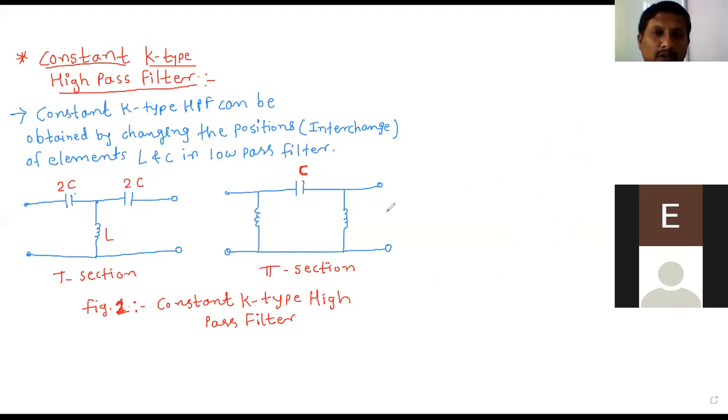Here the equivalent inductance I need is L. So two inductors having value 2L, 2L, if they are connected in parallel, then the value will be half, that is L. So with this logic also we can remember the value of each and every element. Are you getting my point?